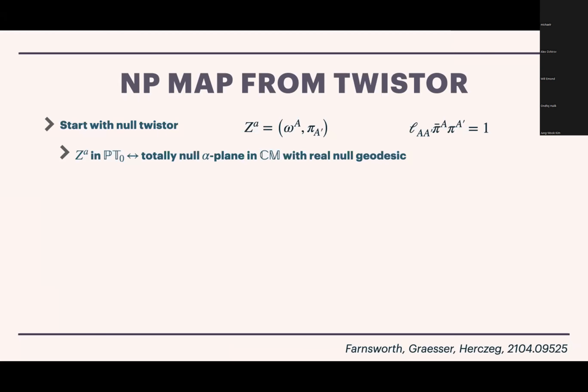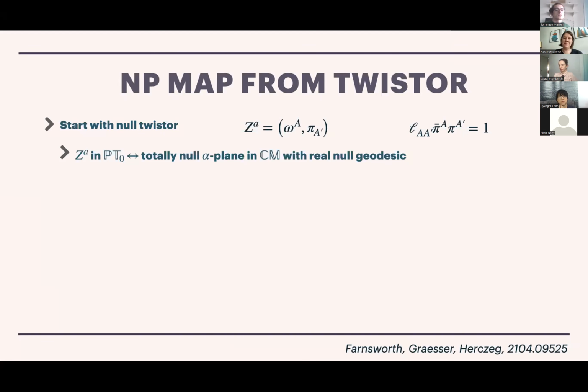We choose this normalization so that L_{AA'} pi bar^A pi^A' is 1. And we know that whenever we have a null twistor in twistor space, that's associated with a totally null alpha plane in complexified Minkowski space with a real null geodesic. So the null geodesic here, inside the alpha plane, is this pi bar A pi A'.